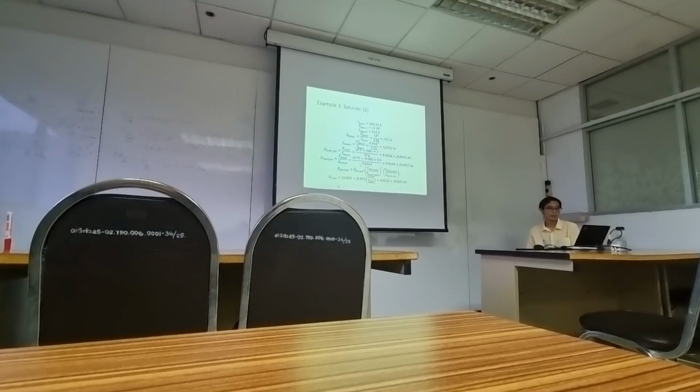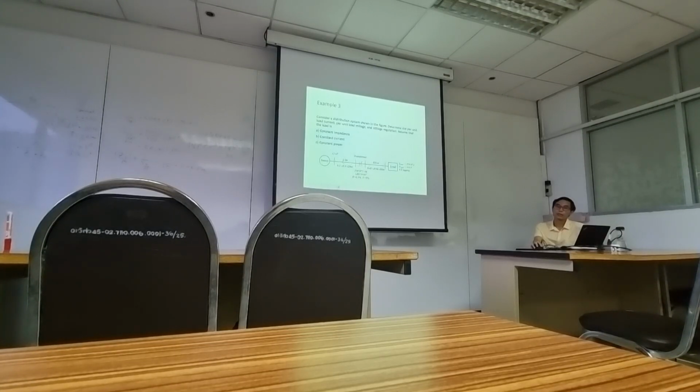Okay, let's start with this. Set the base power to 250 kVA. Why is this 250 kVA? Because it is equal to the rating of the load. V base 1 equals 12 kilovolt on this side. V base 2 is 416 volt here.